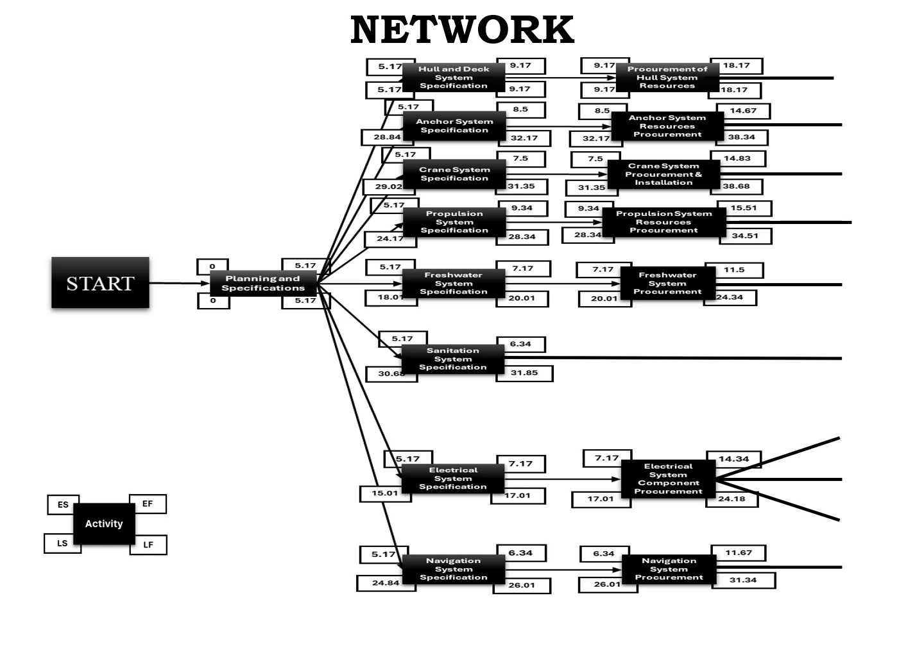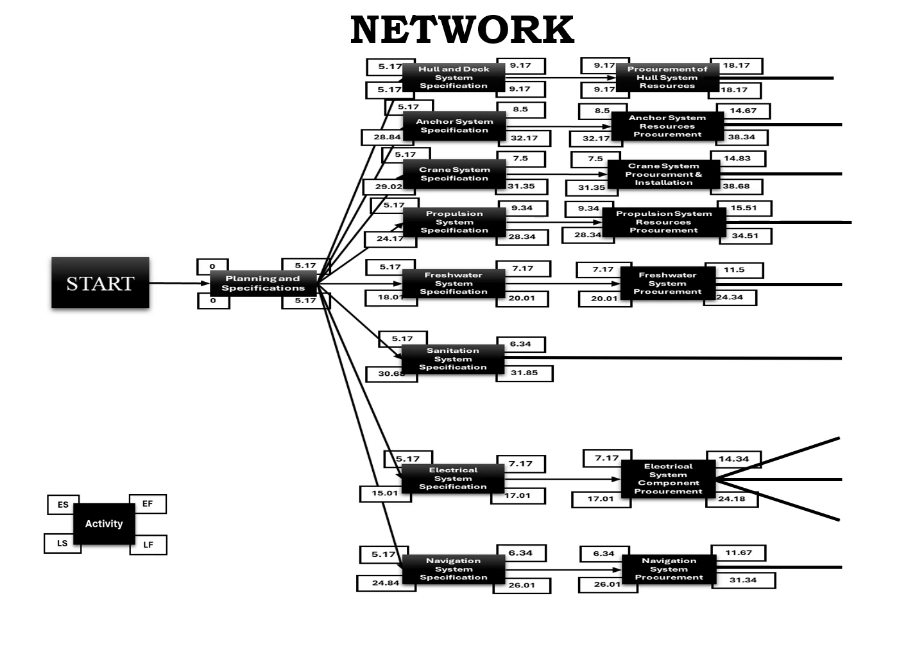And we can see that for each node, starting from the planning and specification, which starts at 0, moving on to 5.17, goes into each system specification, which has a different range of earliest start time to earliest finish time, moving on to the procurement of the systems and installations. So each of them follow each other without any reliance on any other system.